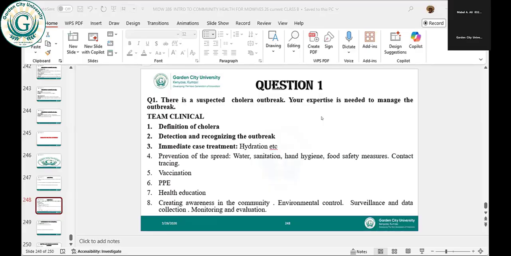Okay. And under health education, you have the primary prevention and then the secondary prevention. With the primary prevention, you are preventing the further spread of the disease. So what are you telling them to prevent the further spread of the disease? So you cannot be writing water, sanitation. I will encourage them.